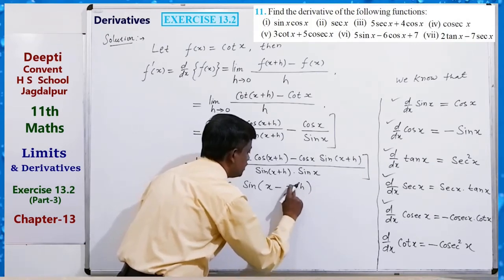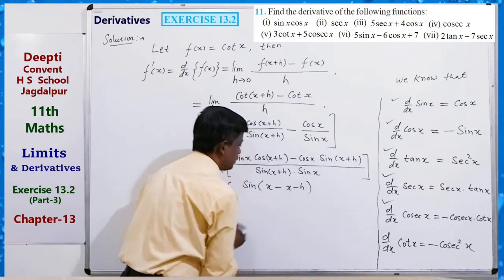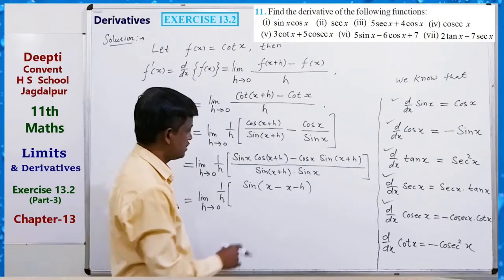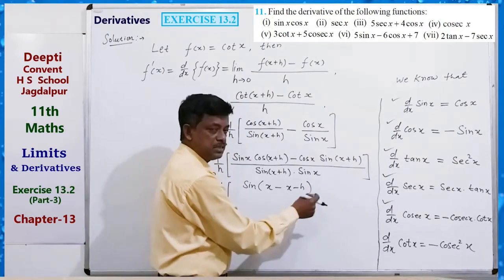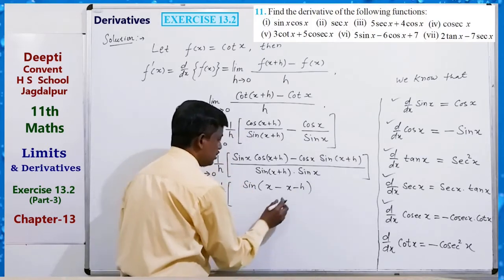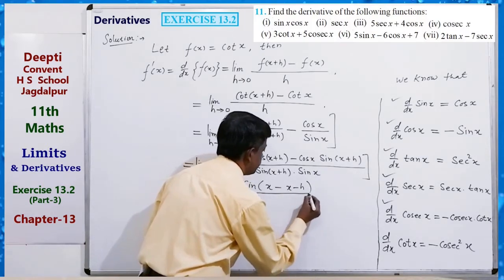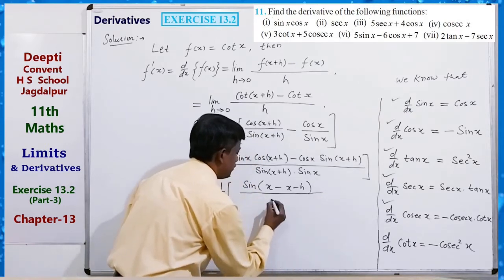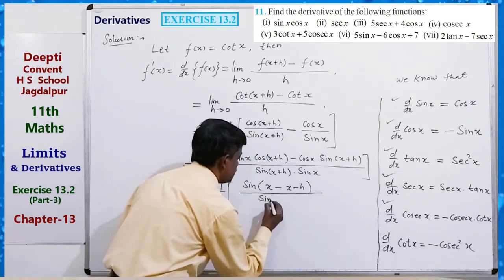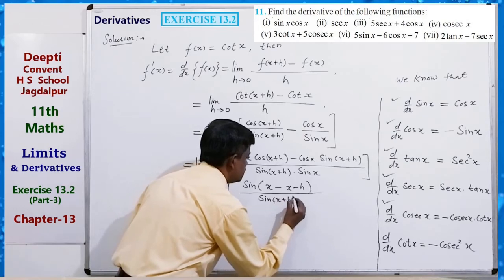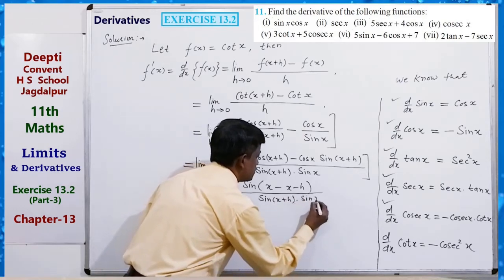So it can be written like this: sin(a minus b), x minus (x plus h), upon sin(x plus h) sin x.